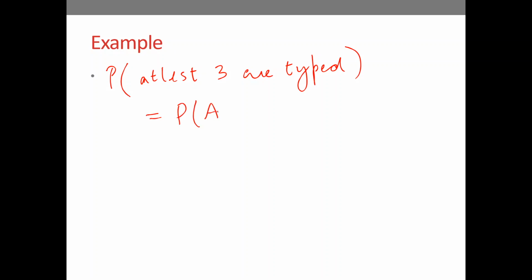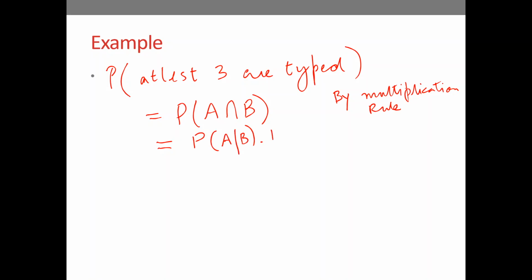Okay, so what I need is the probability that at least 3 are typed before we actually get the person who has the O positive, which means I'm interested in probability of A and B. And then by the multiplication rule, this is probability of A given B times probability of B. So I can plug in the values.